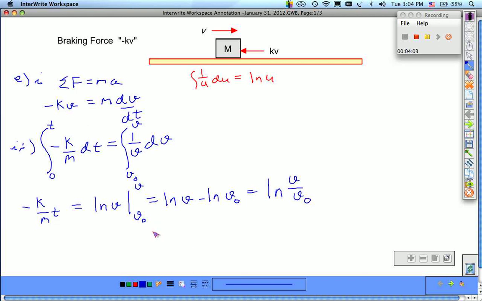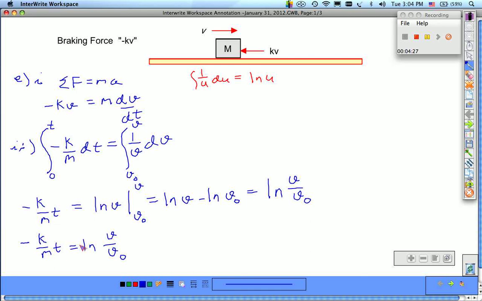Okay, now let's consolidate a little bit here. In the lower left-hand corner, I have minus k over m t equals the natural log of v over v naught. Now this is an okay form, but a more usable form is v as a function of t.